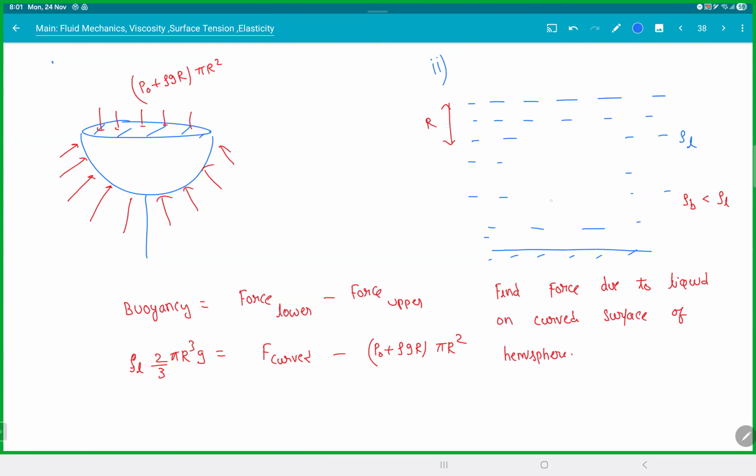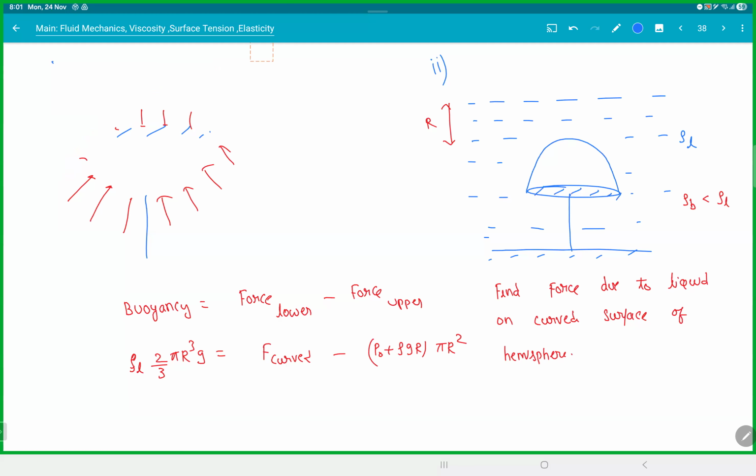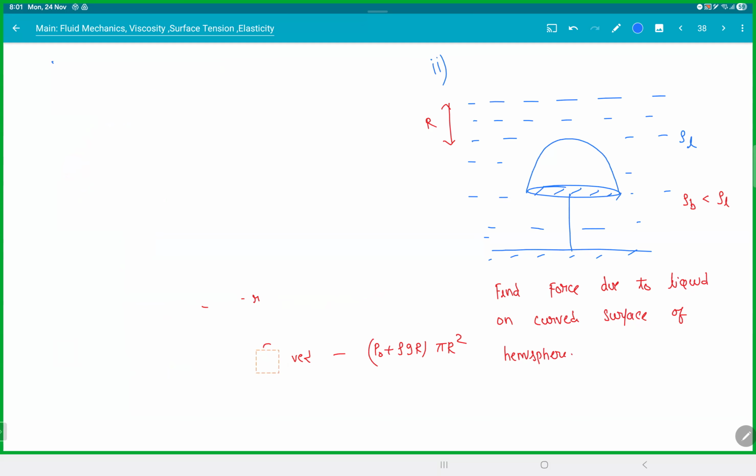Same question if I play like this. Instead of this, what if I keep it reversed? Now if I ask you to find the force on the curved surface, then what will you say? Means I am asking you the force on this surface. You can't use projected area.